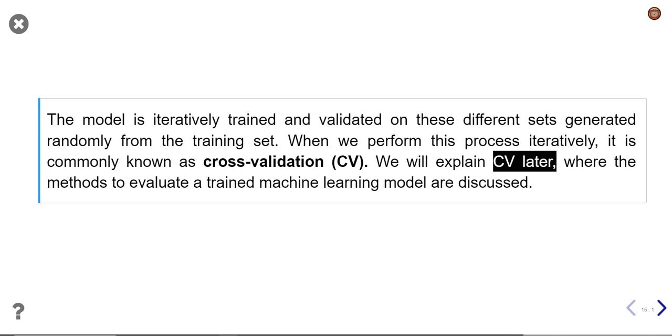You need to split this into training data set and also the test or validation set. Usually this one will be like 70% and this one will be 30%. Now there are various cross validation methods.